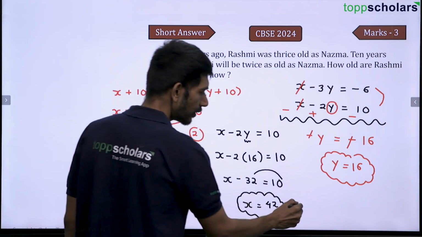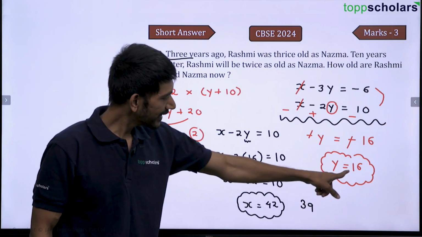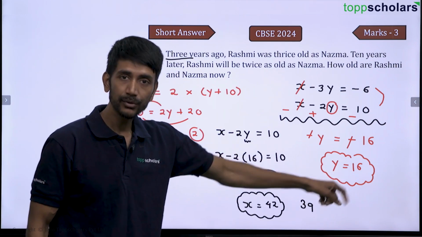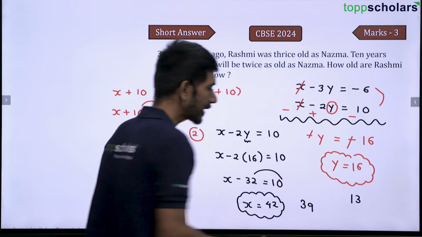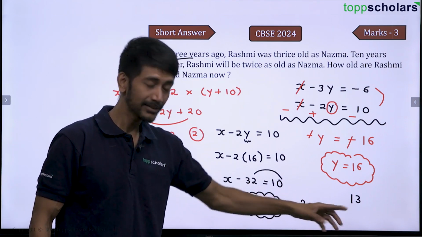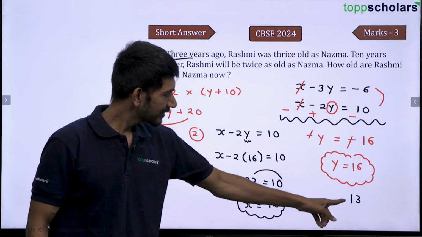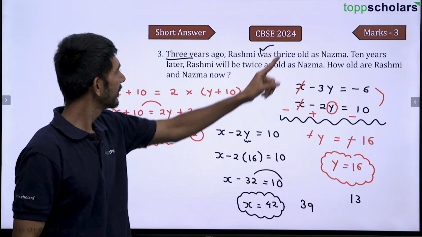So 3 years ago her age is 39. What is the age of Nazma 3 years ago? 16 minus 3, 13. Now tell me one thing. Is Rashmi's age triple of Nazma's age? Yes. 13 into 3 is 39. So first condition is satisfied.